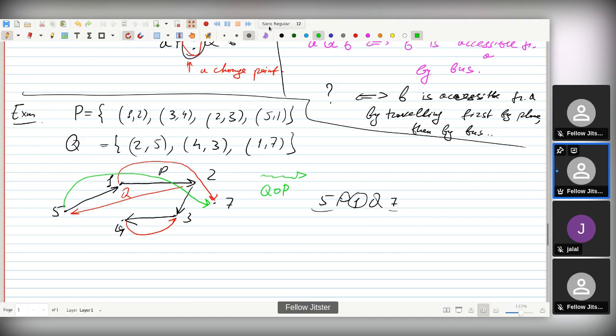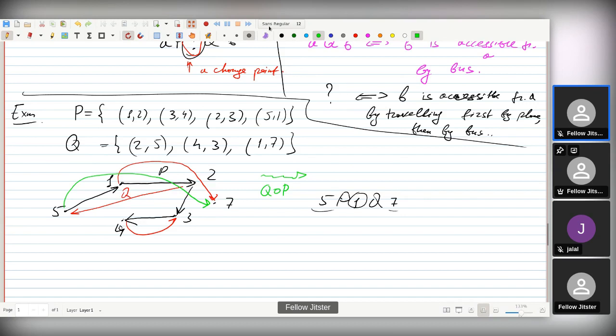Anything else? From 5, no. Let us look at 1. Where to can we get from 1 by a black arrow? To 2. Yeah. And by black, black and then red: 1, 5.